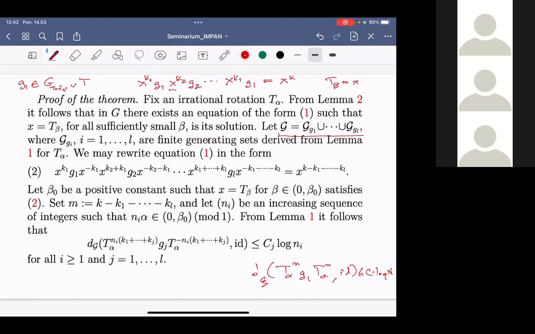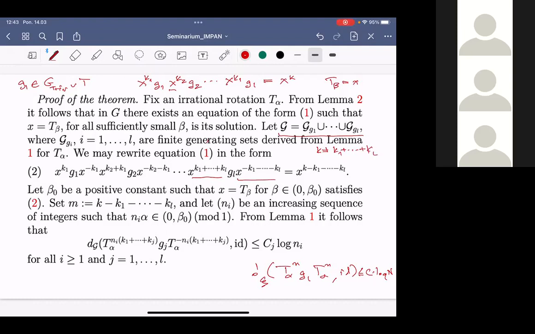We want to have conjugacy, so this will be x to the power minus k_2 minus k_1, and so forth. So here we get x to the power k_1 plus up to k_L, g_L. And since we want to have this conjugacy, we put here x to the power minus k_1 minus up to k_L. So on the right-hand side, we'll have to add the same term, so we will have x to the power k minus k_1 minus up to k_L. And the crucial thing is that we assume that k is different than k_1 plus k_2 plus up to k_L.